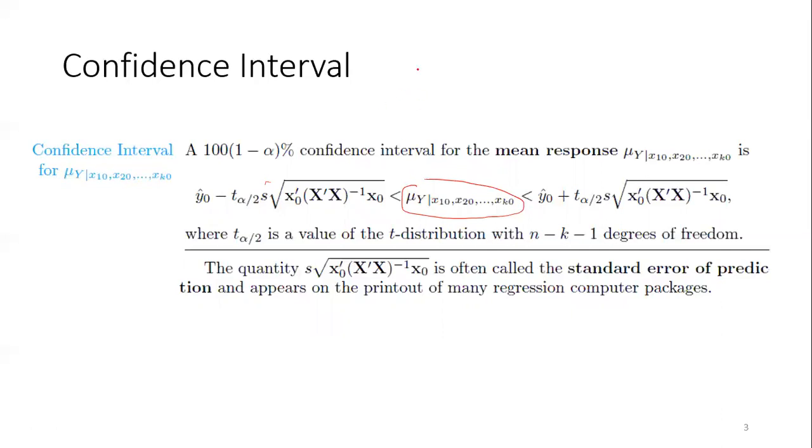Remember, what was the confidence interval at the very beginning? Mu is in x bar plus or minus t alpha over 2 times s of x bar. This one has the same structure. This is mu of y, but at some given x values.